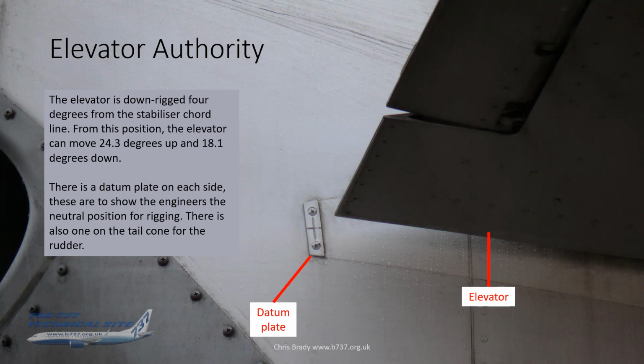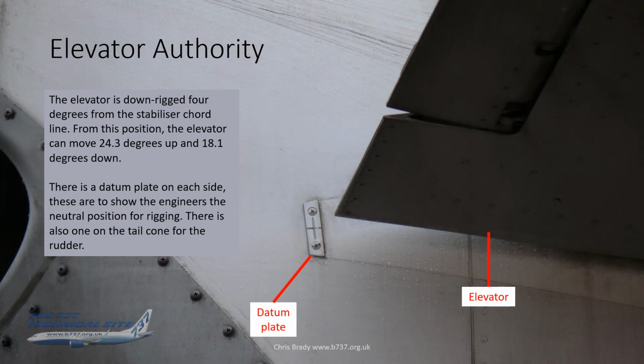From this 4 degrees down position, the elevator can move a total of 24.3 degrees up and about 18 degrees nose down. So it's almost full authority up and down from that position. It's not quite, but it's absolutely enough for almost any scenario.